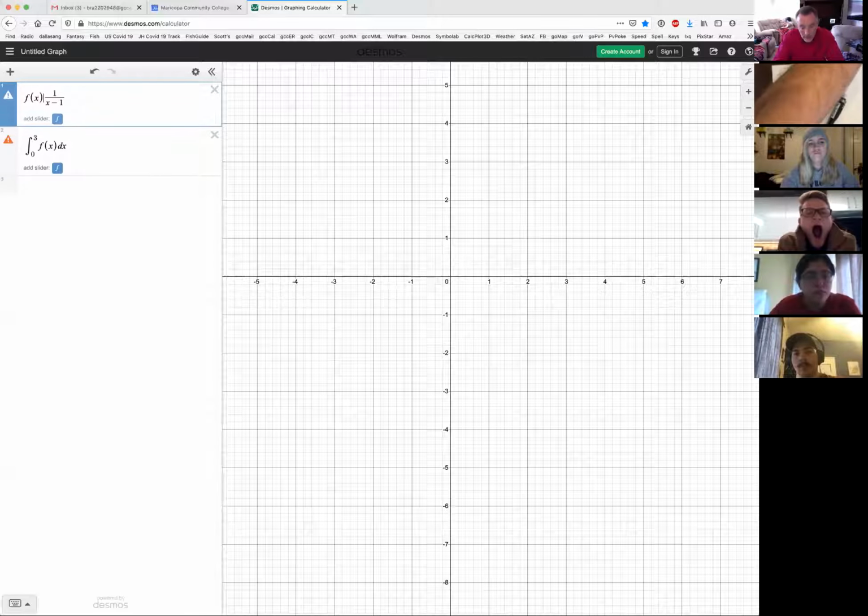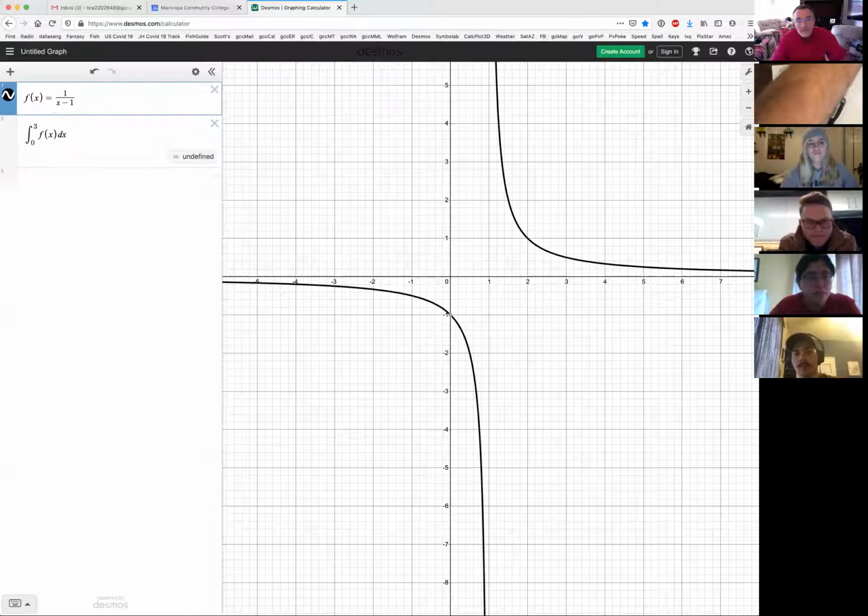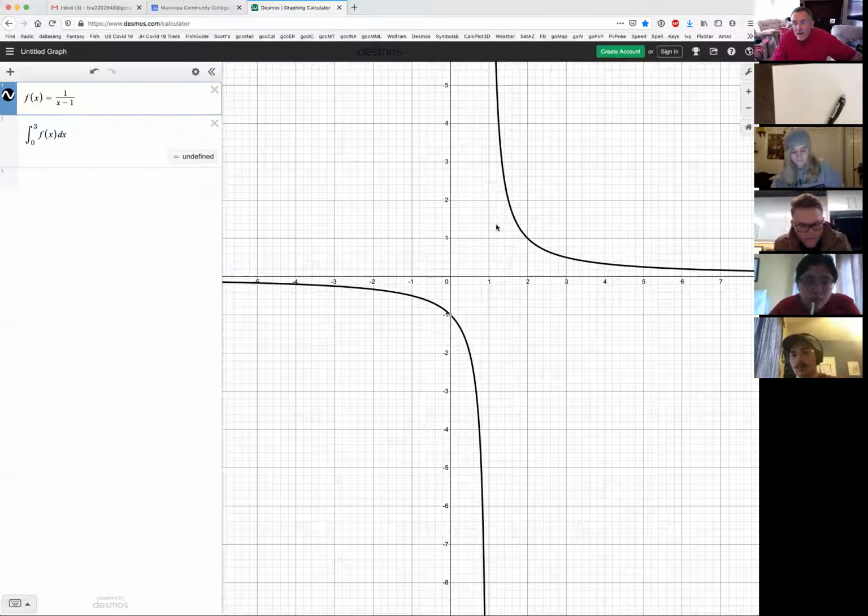And it says undefined. Well, that seems like a reasonable thing to say. How do we go across this break? There isn't a continuous function that's going to work, because you can only differentiate a function that has a derivative, and this doesn't have a derivative at x equals 1. So going across this break is a bit of a problem.